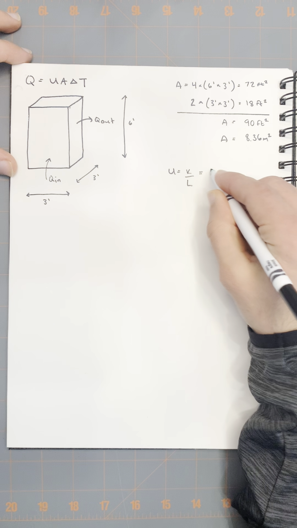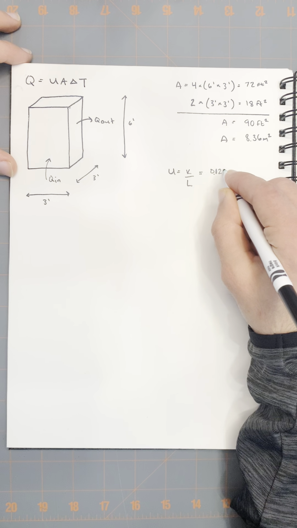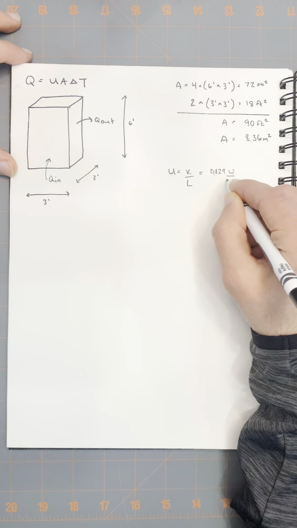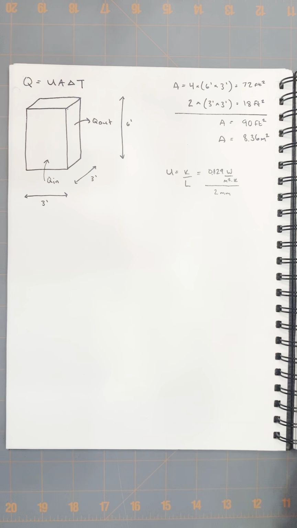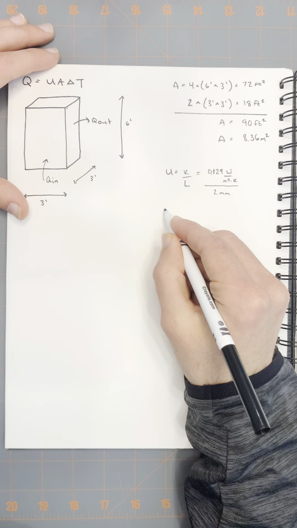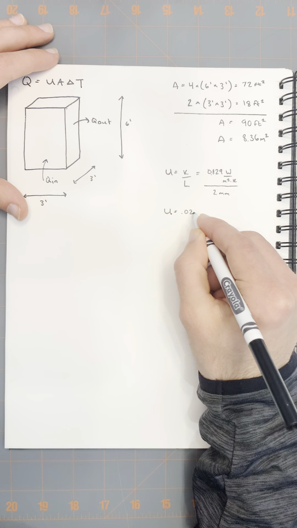A layer of cotton has a conductivity of 0.029 watts per meter Kelvin. That might not make a ton of sense right now. I'm assuming that's about 2 millimeters thick, and there's 2 layers of it. So if we go down here, we can work out the units a little bit better.